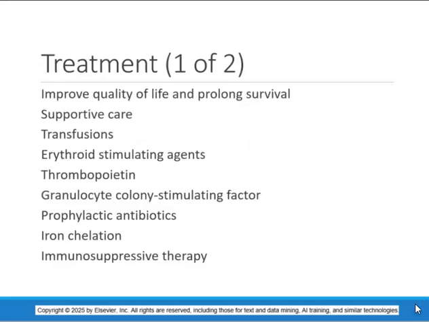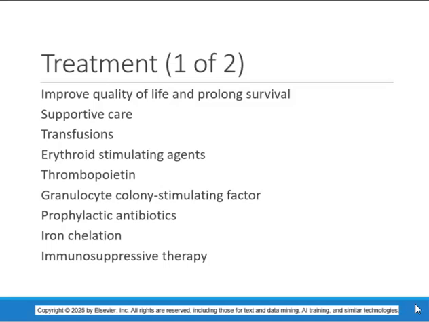So what kind of treatment do you give? Well, they try to improve the quality of life. You don't want to have constant fatigue, bleeding, all that kind of stuff going on. So they give supportive care, nutrition, social, financial, maybe transfusions, giving them erythropoietin, thrombopoietin, colony-stimulating factors, Neupogen, Neulasta.